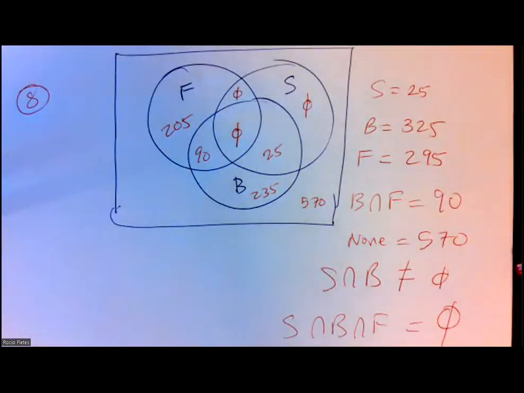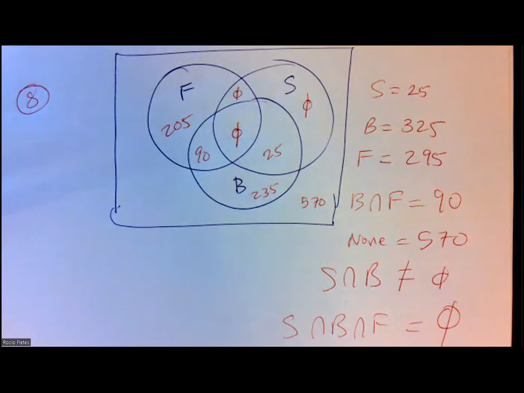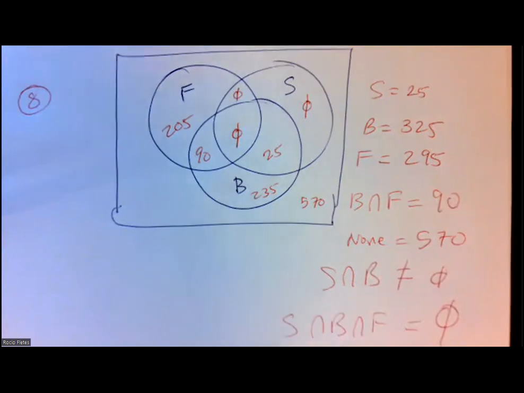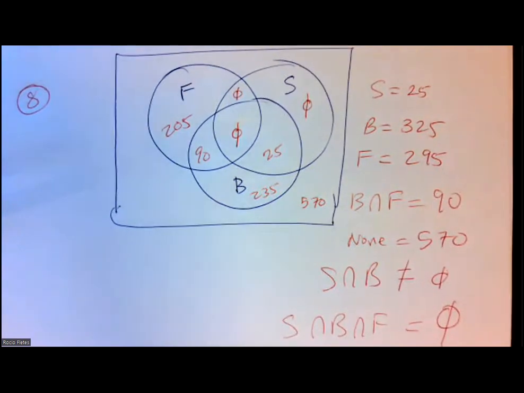Okay, so that is, so we have 290, let's see, 25, 210. Okay, how come I have B is, let me see, there's an error here. B is 325. Let me see, hold on. 325 minus 90 minus 25.